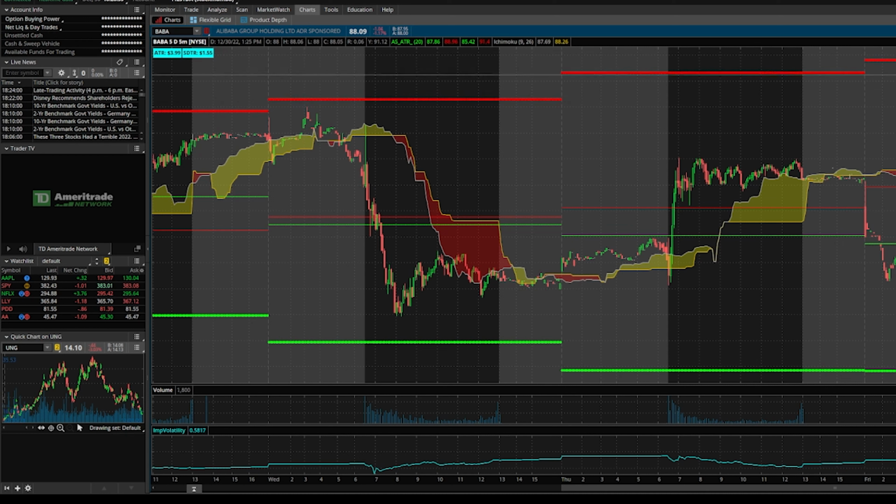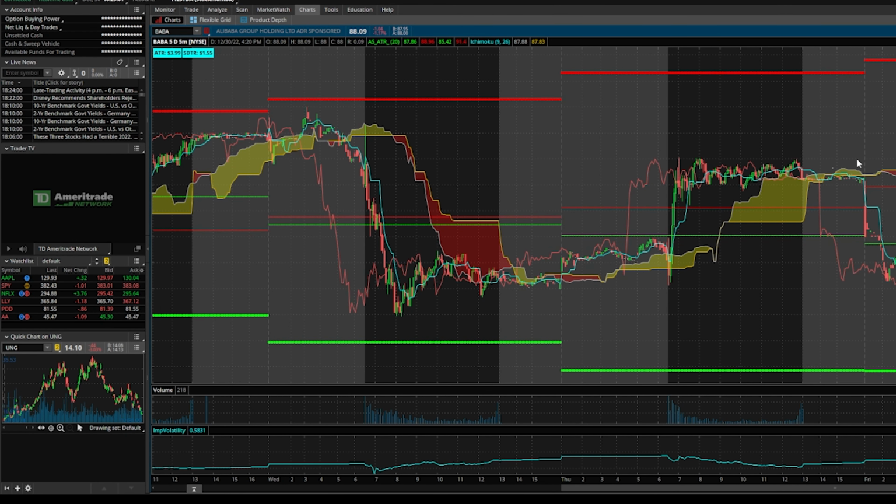If you want to put it up, you just go to the studies tab, edit, look for Ichimoku. It's made up of a bunch of different plots. This one's turned off, and this one's turned off, or it'll look like this.